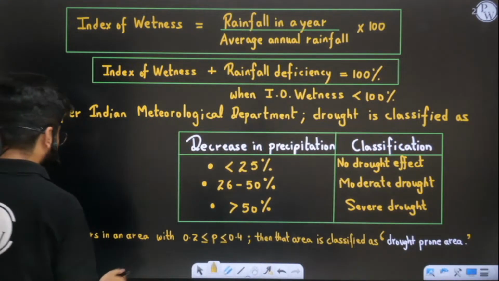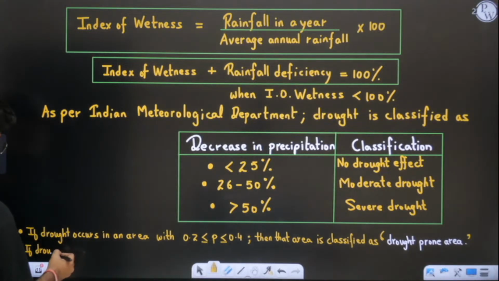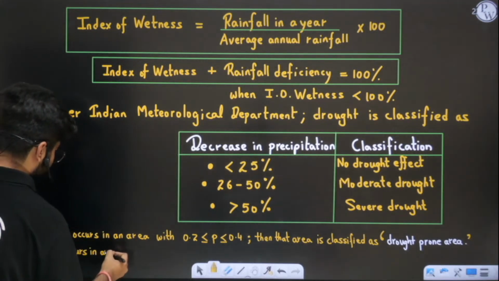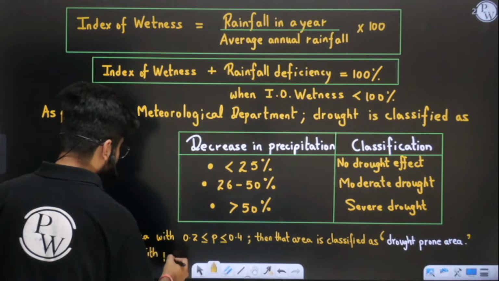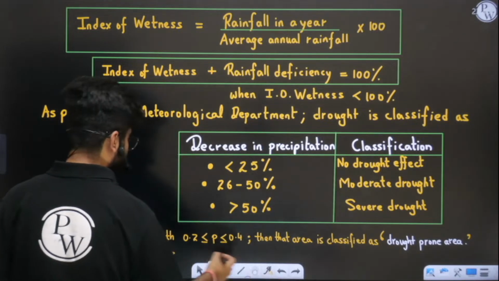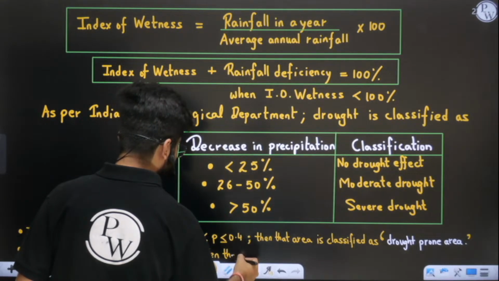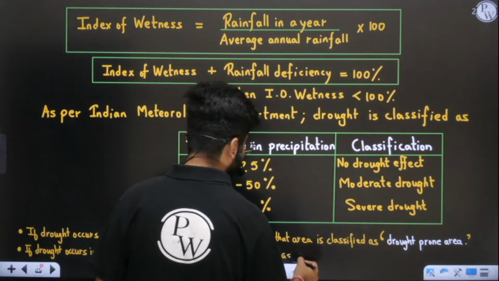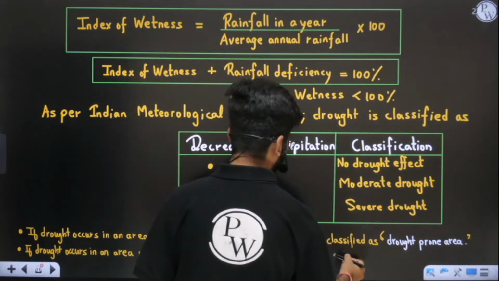But if drought occurs in an area with probability greater than 40%, then that area is classified as chronically drought prone area.